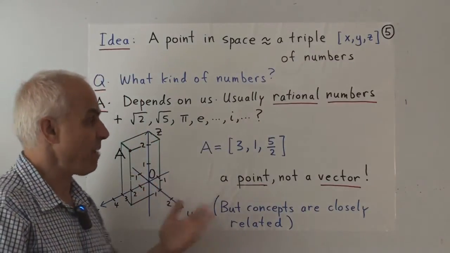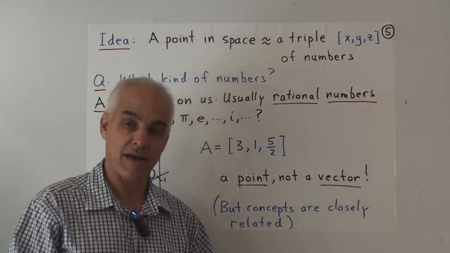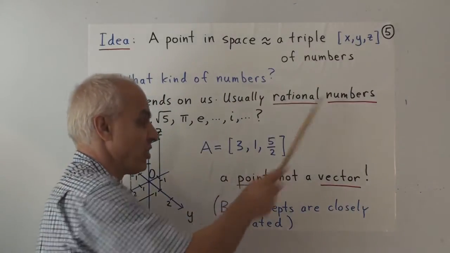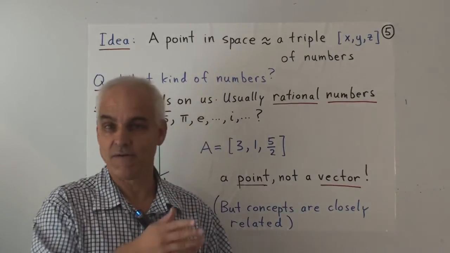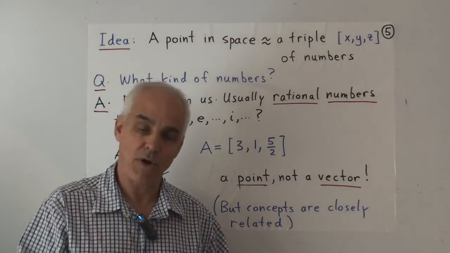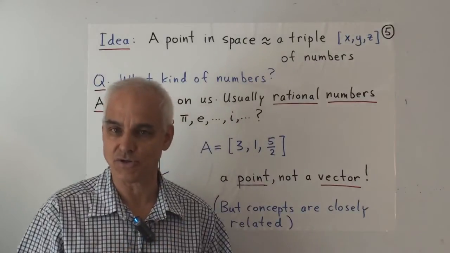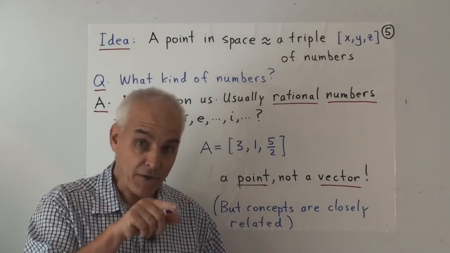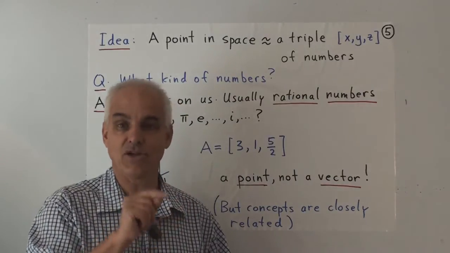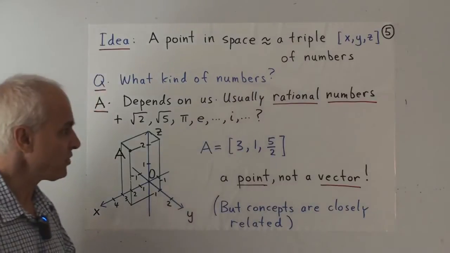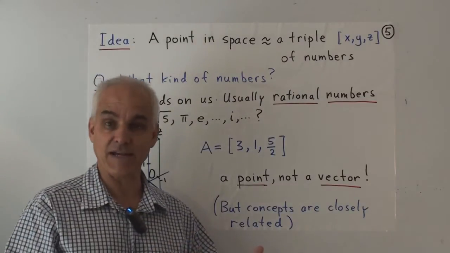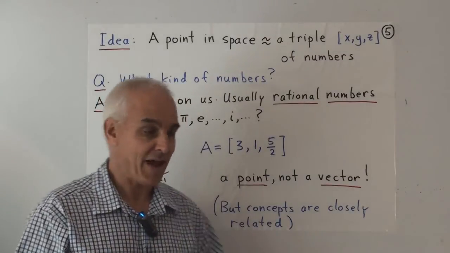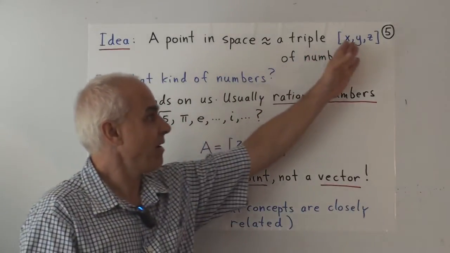But the best and the most natural number system is the simplest one: the system of rational numbers, which I remind you are just fractions, a over b, where we allow a and b to be arbitrary integers, so plus or minus natural numbers, and with the denominator b not equal to 0. So the field of rational numbers is a very nice place for arithmetic. That's where we have all our properties, and that's what we generally mean by a number that we're going to be using.